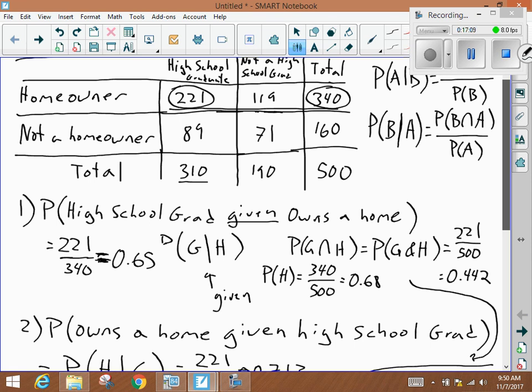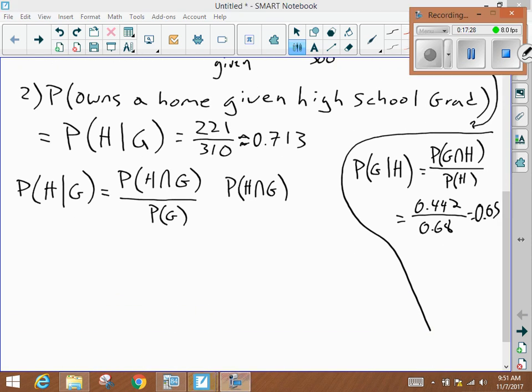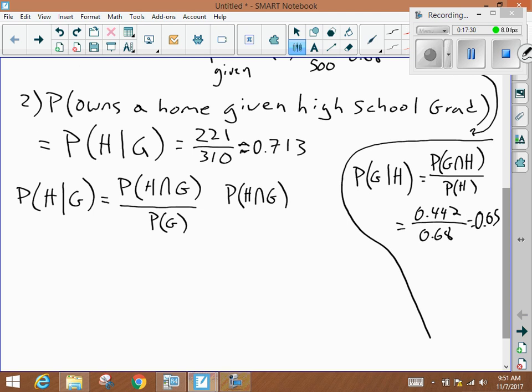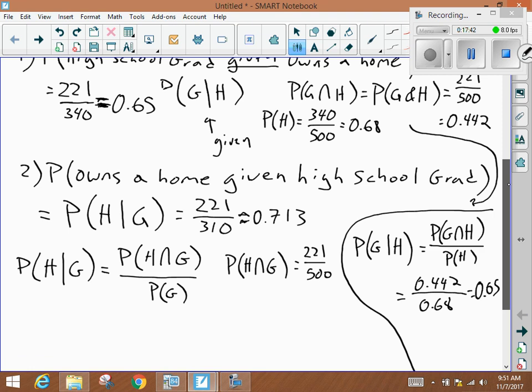It doesn't matter, right? Probability G intersect H is going to be the same thing as probability H intersect G. So that's going to be 221 out of 500. We've already calculated that up here. That is 0.442.